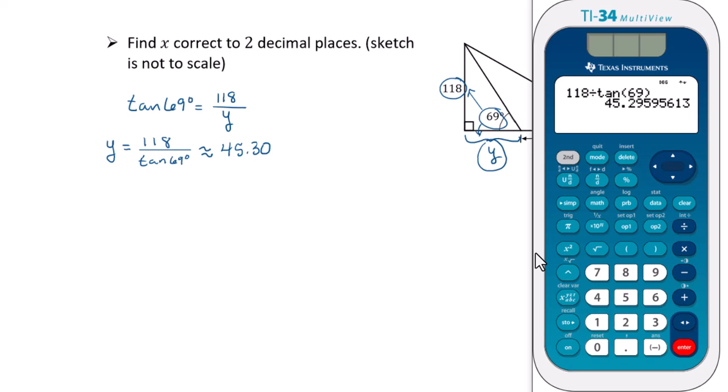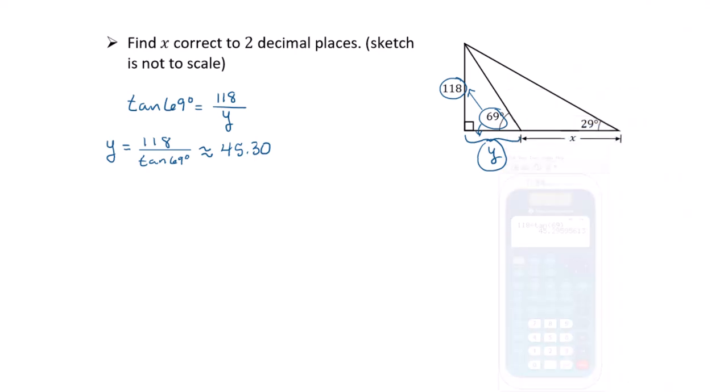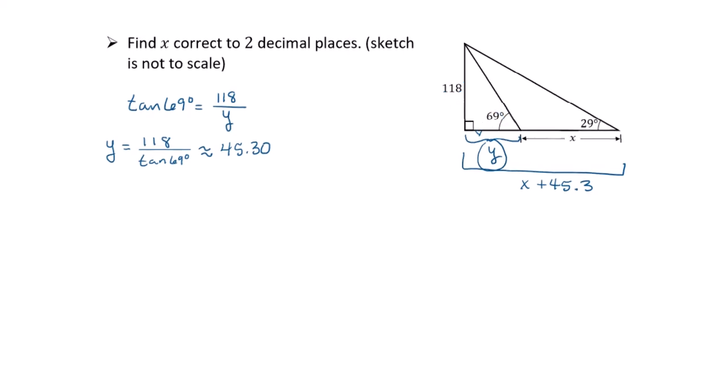We're using this to get where we want to go. Right now, this whole measurement is x plus 45.3. And I also have this 29-degree angle, so I can use my tangent function again.